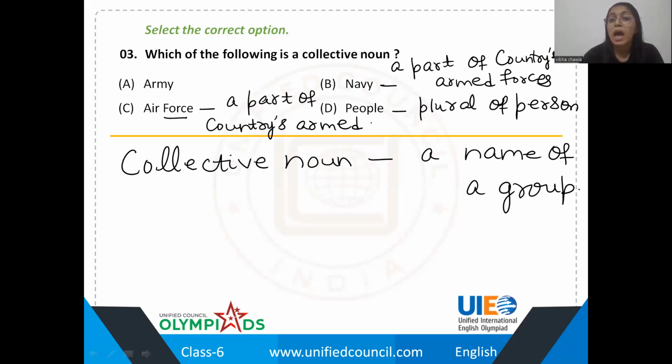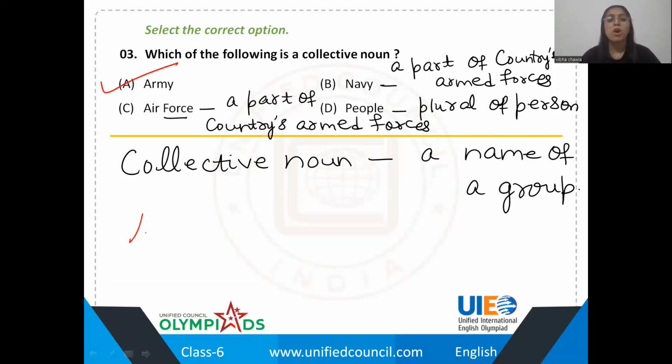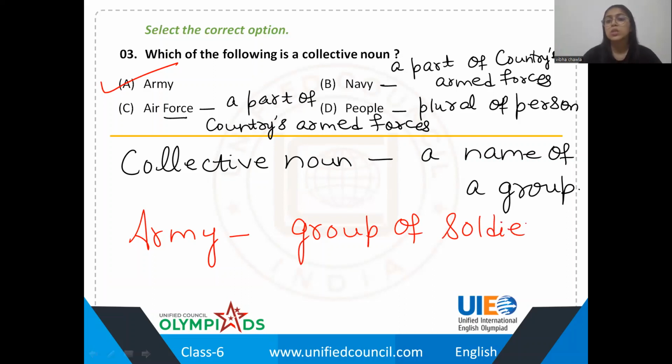For instance, we have the Indian Navy, we have the Indian Air Force, we have the US Air Force. So these are part of a country's armed forces. Now the only option we are left with is army, which is a collective noun. Because army is the name of a group of soldiers. So this will be our correct answer.